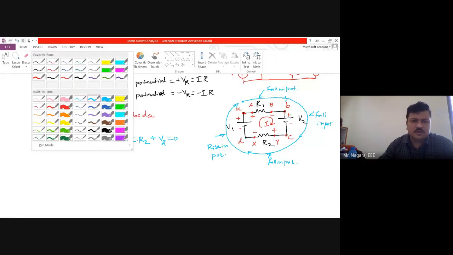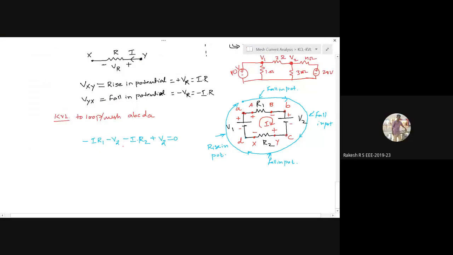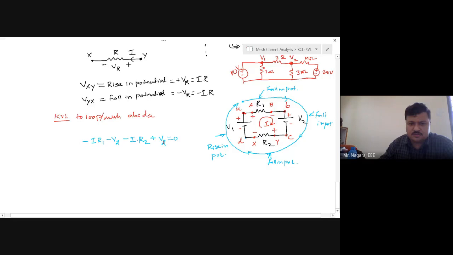So I can rewrite this expression as V1 minus V2 is equal to IR1 plus IR2.